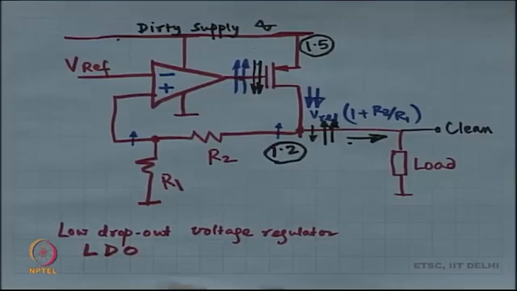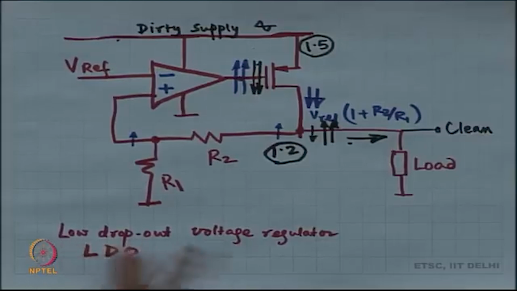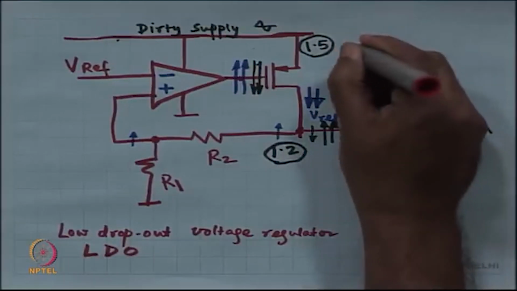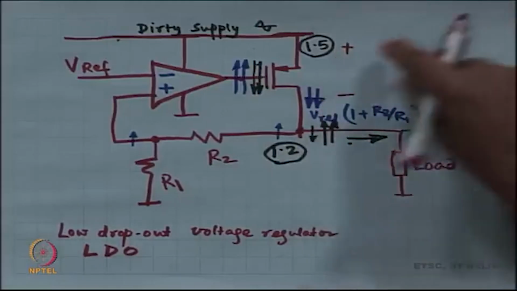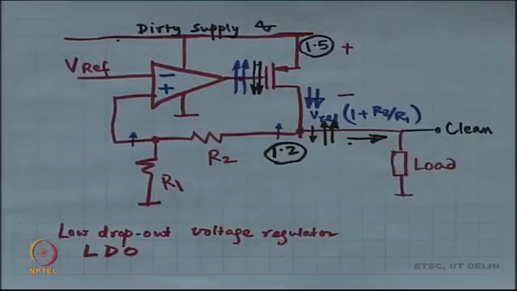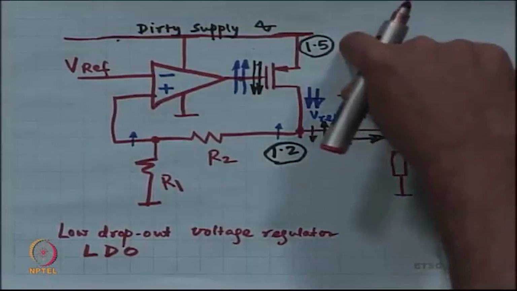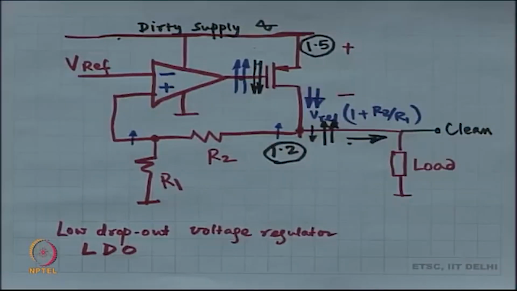LDO stands for low dropout. Low dropout, this voltage is the dropout. So, this headroom that you require, this is the dropout voltage. So, in this case the dropout is low.